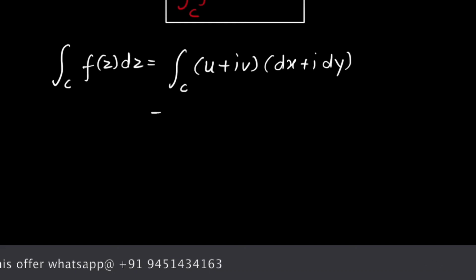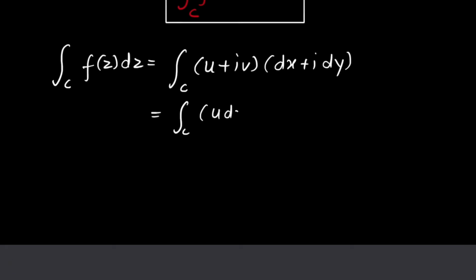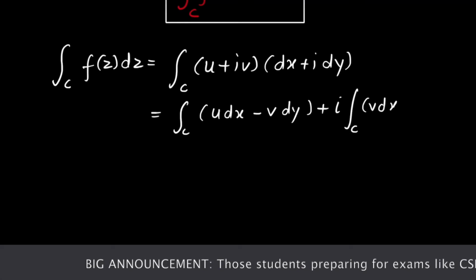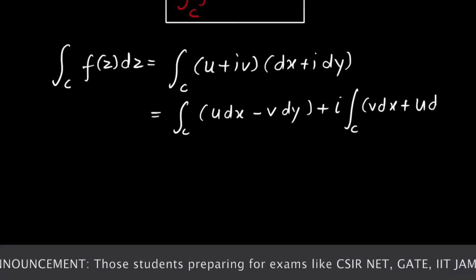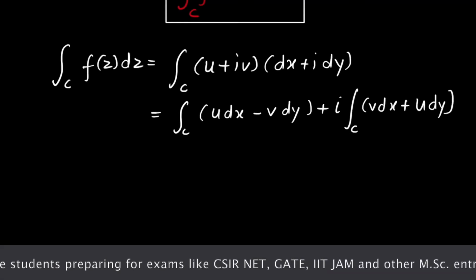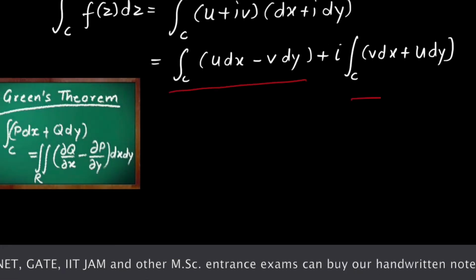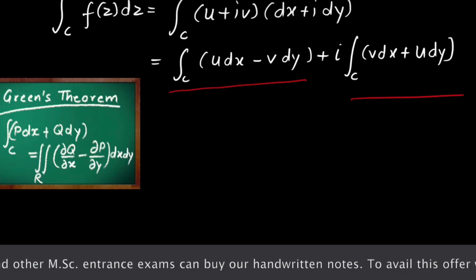After separating we'll get the integral of u dx - v dy, plus i times the integral over C of v dx + u dy. Now using Green's theorem, this line integral changes into a double integral.